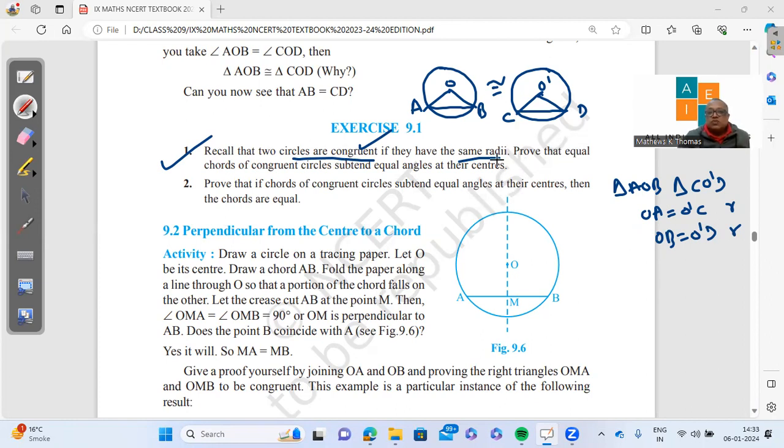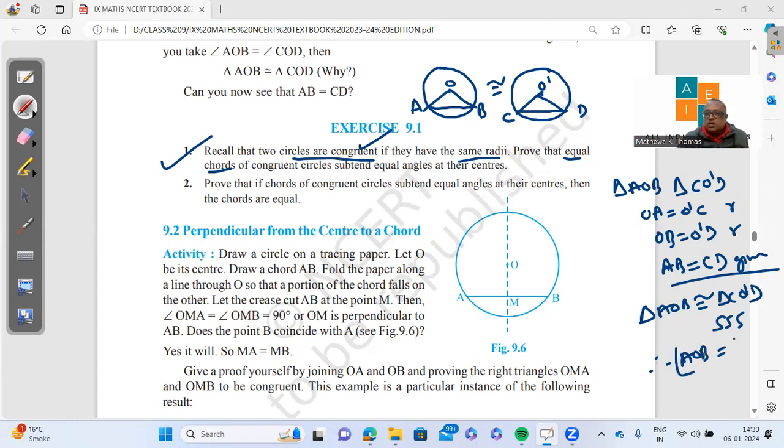And it is also given that the chords are equal, AB equal to CD. And once we have these three conditions, we can say that the triangles are congruent by SSS, and therefore the angle subtended at the center, angle AOB, is equal to angle CO dash D by CPCT. I hope you remember what CPCT was: corresponding parts of congruent triangles.